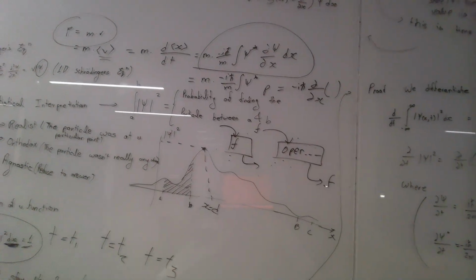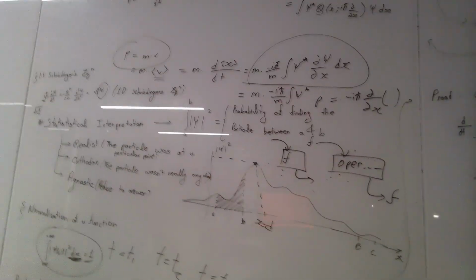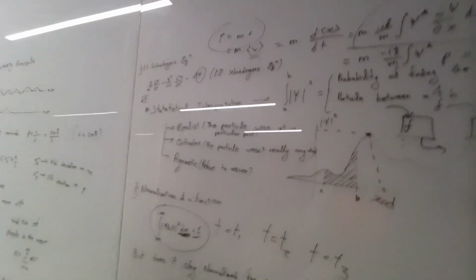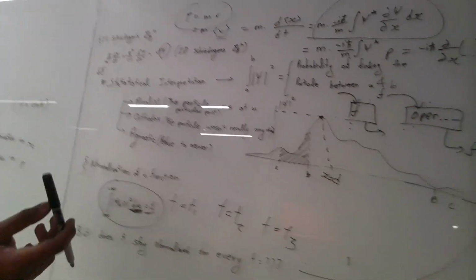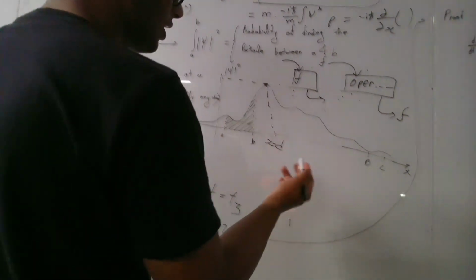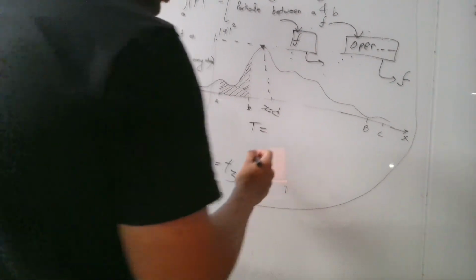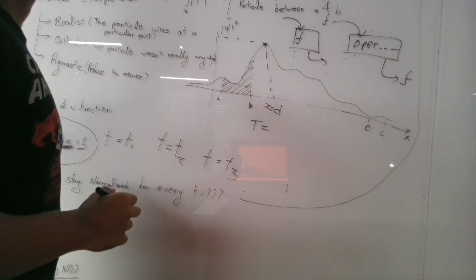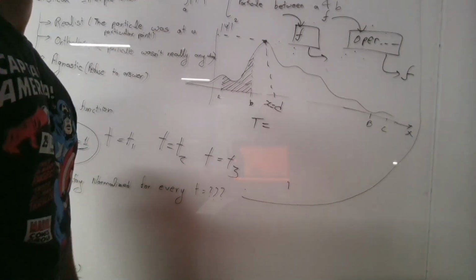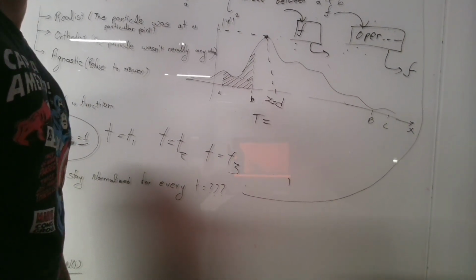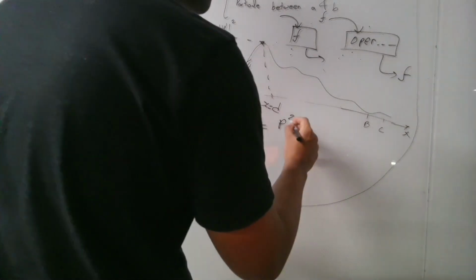So to find the expectation value of pretty much anything that has momentum in it, let's say you have kinetic energy K or T. What's kinetic energy in terms of momentum? P squared over 2m.